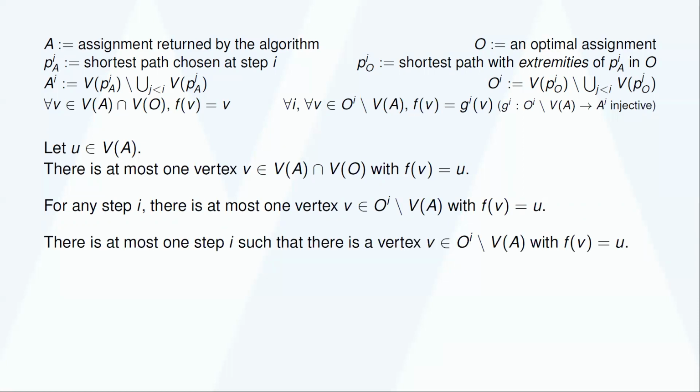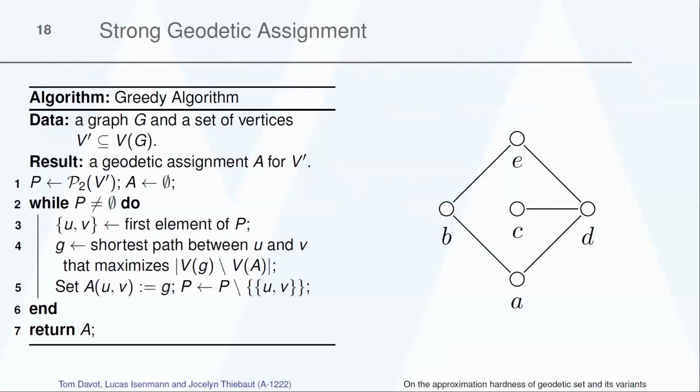And finally, they cannot have more than one step such that you have this. Here the idea is that AI is a partition of A, so if there were two, it's not possible because it's a partition. So in total, we have what we wanted, which proved the ratio.